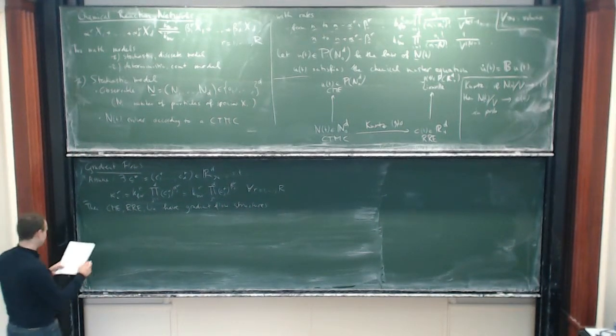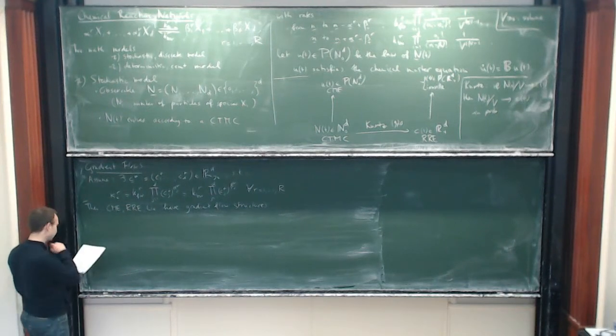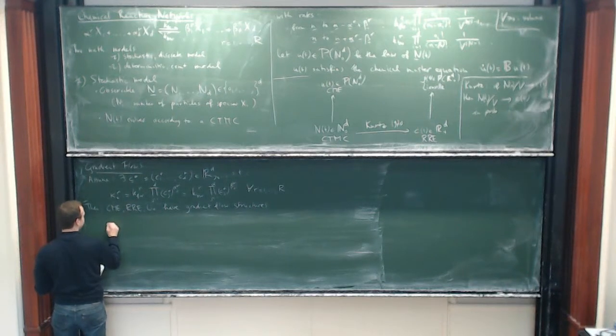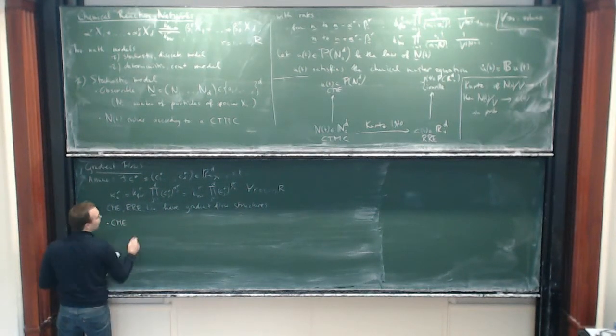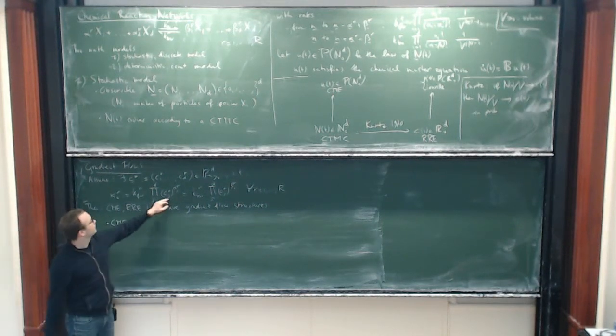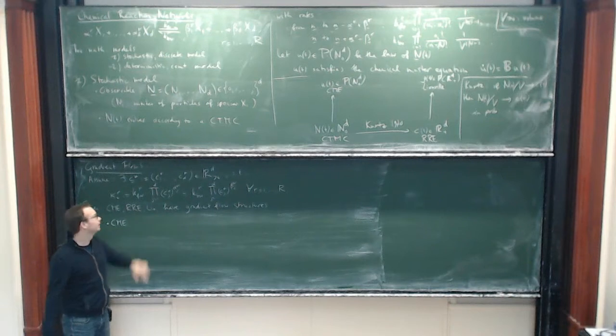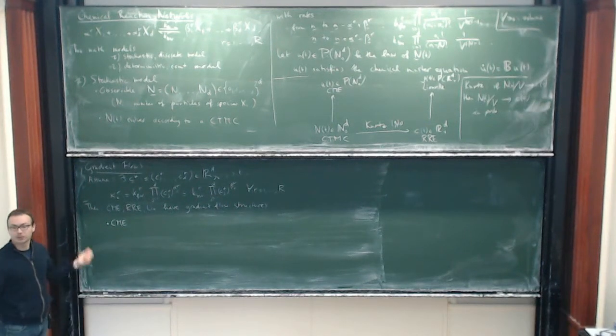I won't give you the details about them, but I'll write down at least some things about them. This chemical master equation is just a forward equation for a Markov chain, and this condition actually implies that you have detailed balance for this Markov chain. So by what we saw in the first lecture, we can write down this gradient flow structure.